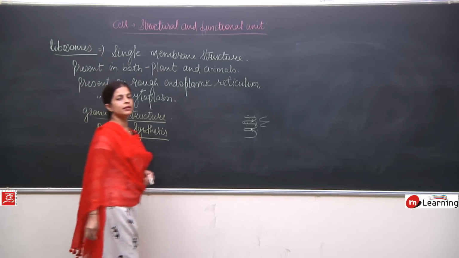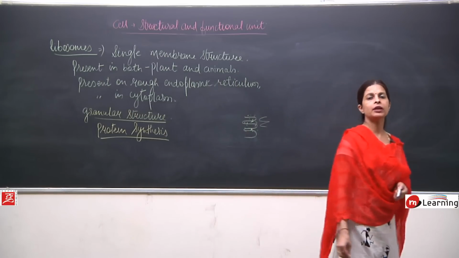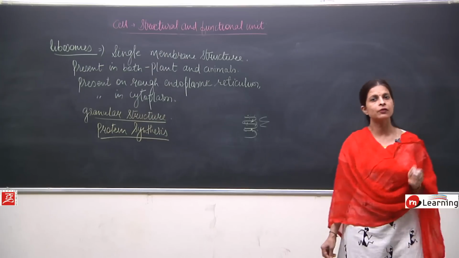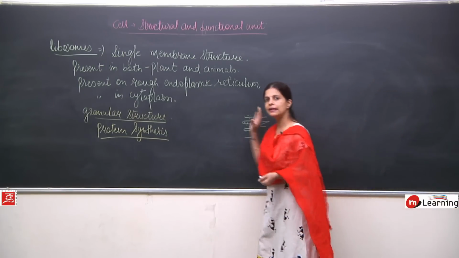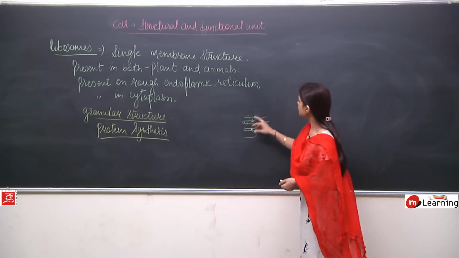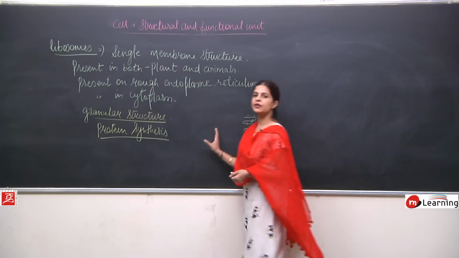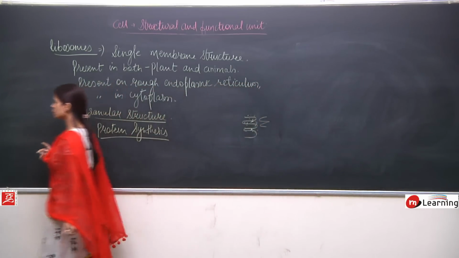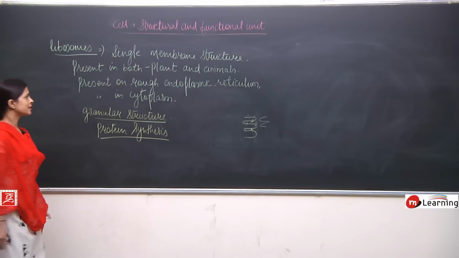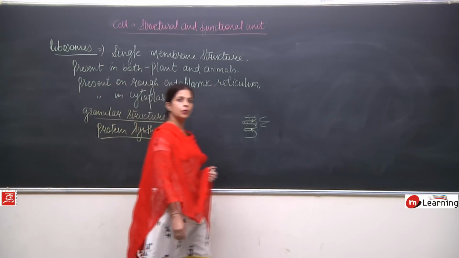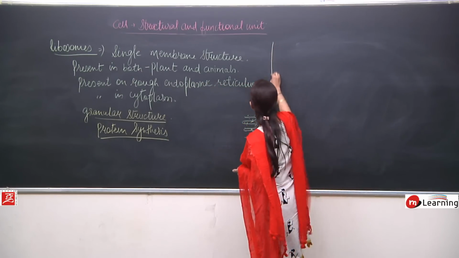What are ribosomes? These are granular structures which are present on the surface of the rough endoplasmic reticulum, and also in the cytoplasm. As you can see, these are just granular structures, and these ribosomes are responsible for protein synthesis, and they are present in both the plants and the animals.